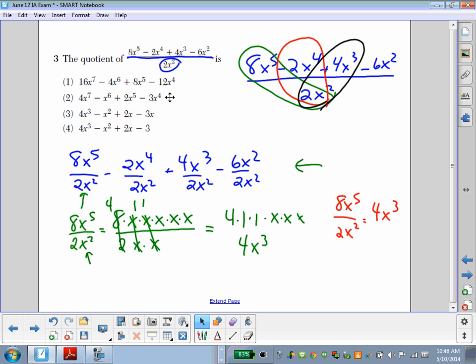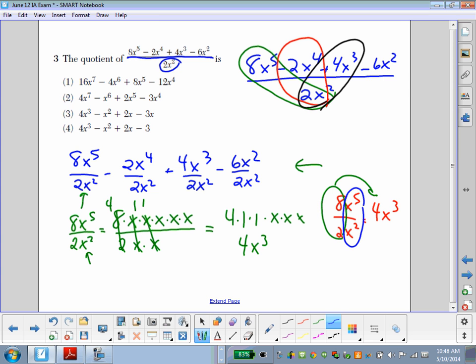If you remember your exponent properties, if you look at the 8 by 2, you get 4. And then if you remember your exponent properties, we have x to the 5th divided by x to the 2nd, we get x to the 3rd. When we divide exponents, you can see that 5 minus 2 gives me 3.